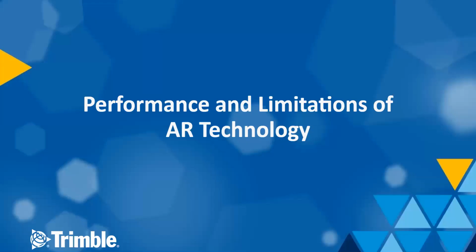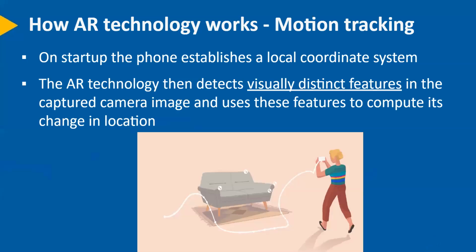And I'll talk a little bit more about the data considerations as we move forward, but now's a good time to jump into the performance, what goes into making augmented reality work, and some of the limitations thereof. Augmented reality technology works on the premise of motion tracking. So on startup, the device establishes a local coordinate system using visually distinct features in the view.